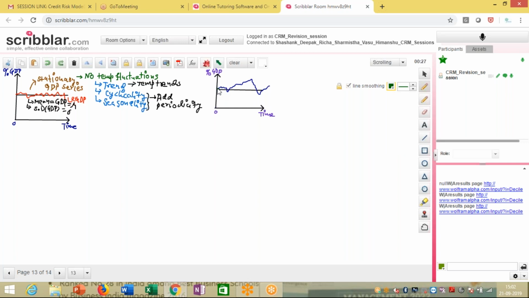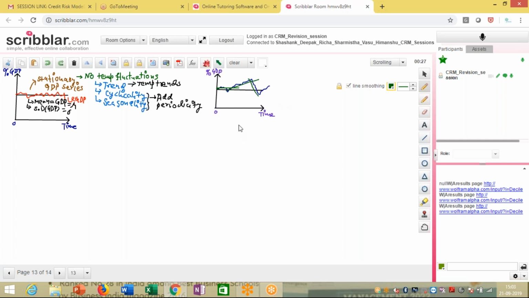So up to this point, there is a straight line. Now to approximate this part, my line would look something like this, right? Now, if I want to approximate this part of the behavior, I would see it is something like this.